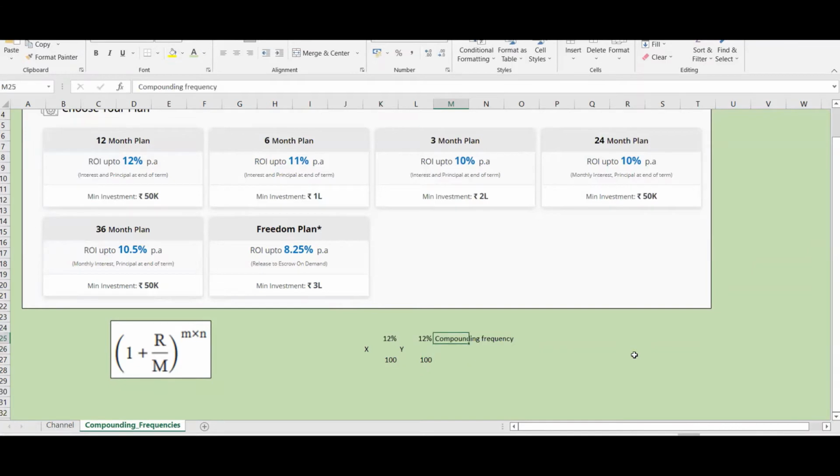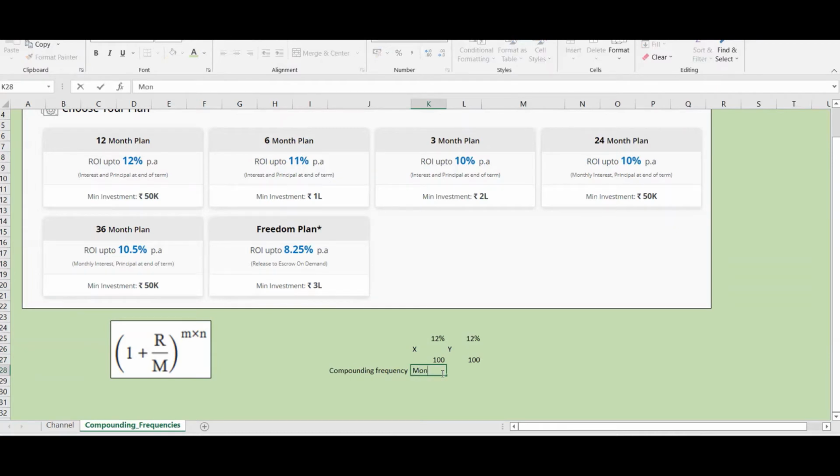So compounding frequency for option X, wherein we have invested 100 rupees, is monthly. So you will get monthly interest based on 12% per annum.